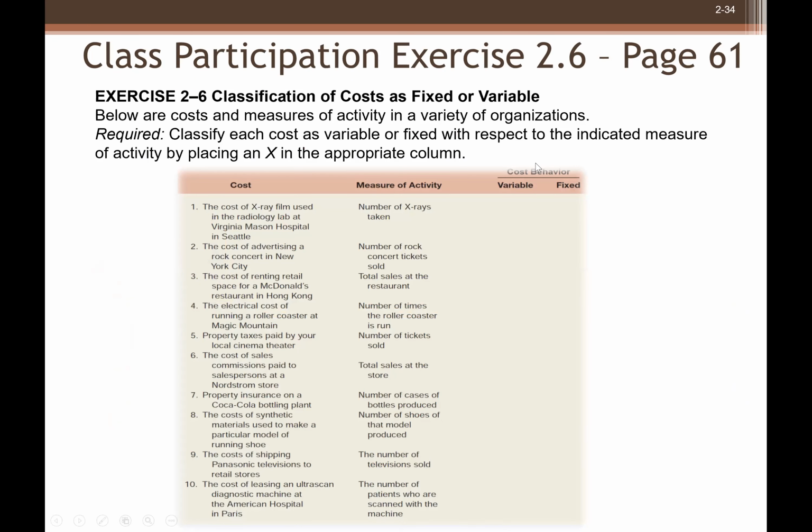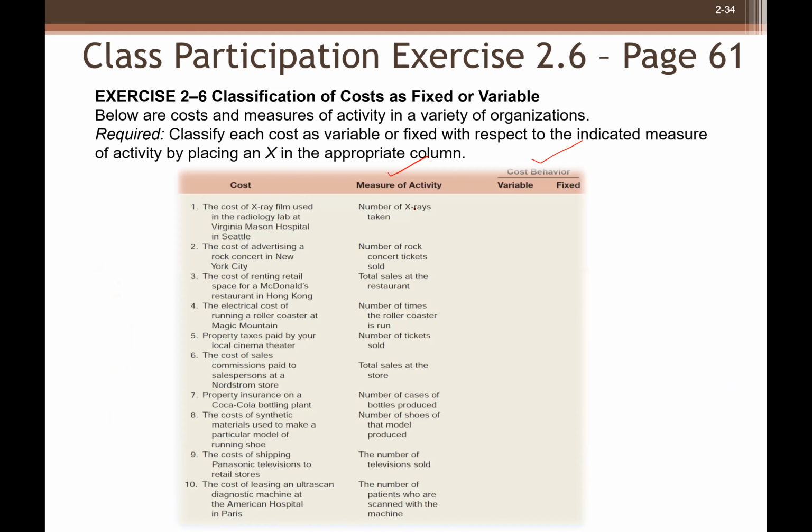Okay, if you understand that, let's talk about this final exercise. I'm just going to open the breakout room. Remember, like I gave you the example, you need to find out the behavior of the cost based on the measuring activity or base activity.